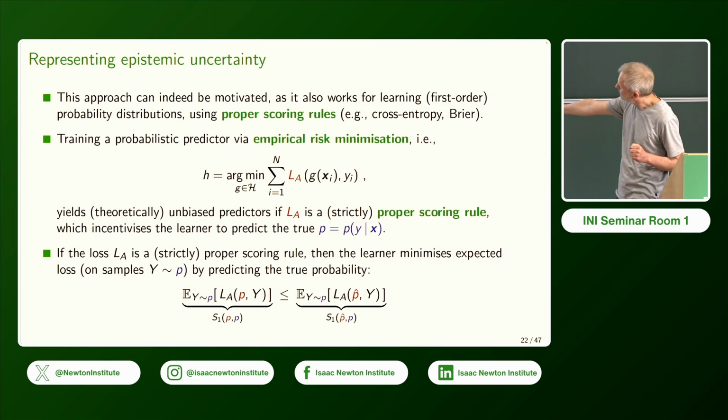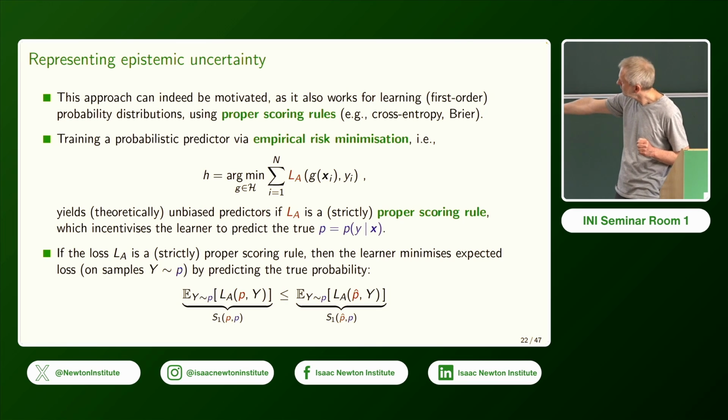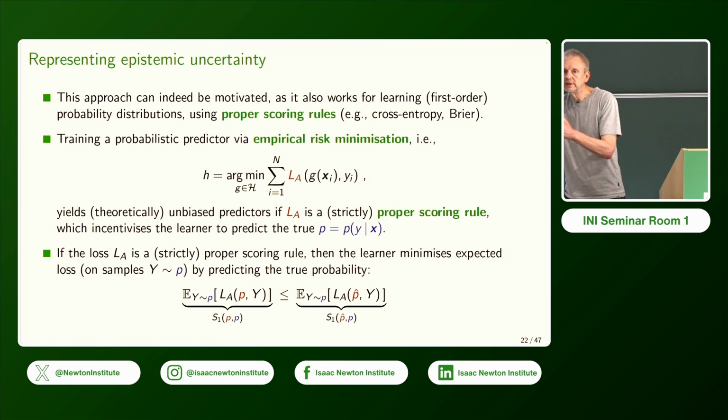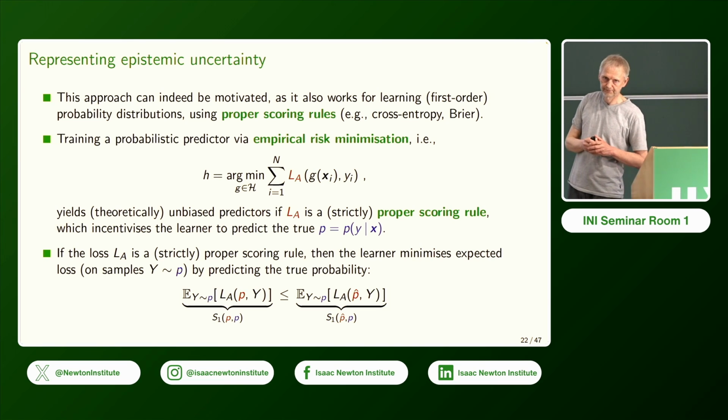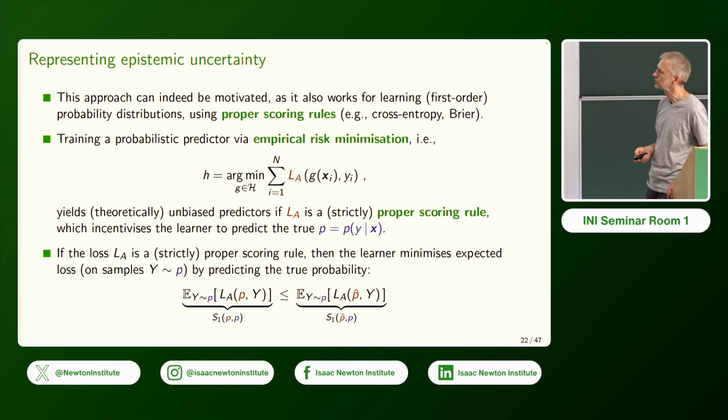LA is a strictly proper scoring rule if, when the outcome Y is sampled according to a distribution P, then the expected loss, the score, is minimized by predicting P hat equal to P. So any deviation P hat not equal to P will only increase the expected loss according to this loss function LA.